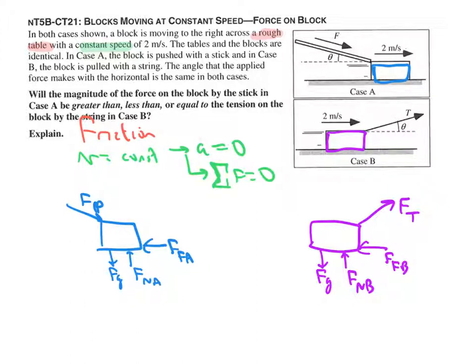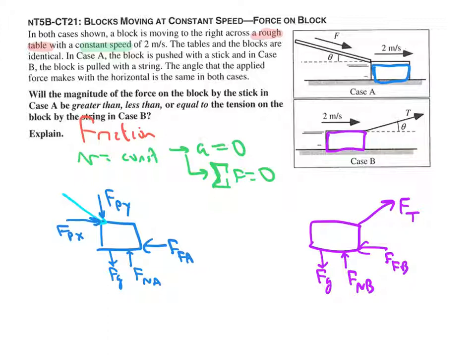Let me write FP in a nice, relatively faint color, and then remind us that it really means there is an FPX pushing this way, and there's an FPY, and it's pushing downward.